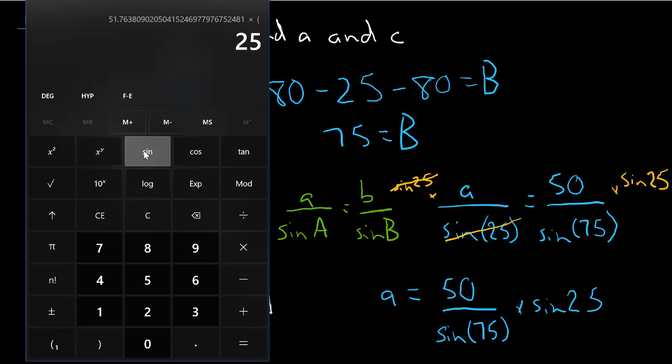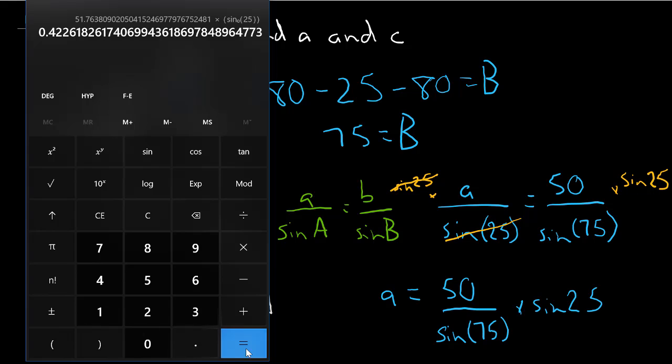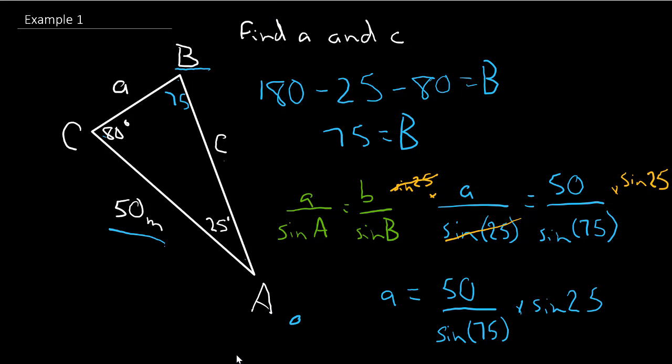So I'm going to put 25 sine, equals, there we go. So A equals 21.876. I'm going to round it up to 21.88. So we got A equals 21.8 meters.